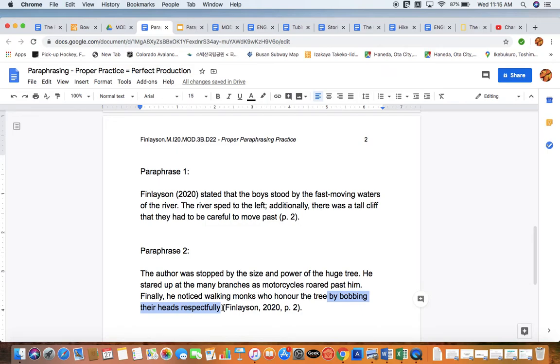Well, that might be okay in Professor A's class, but in Professor B's class, they might be stricter, and they might just say, boom, you're going to lose 5% of your mark because you're plagiarizing right there. That's not paraphrased enough. So that's why I kind of go over to the extreme, to really try to get my own phrasing but capture the same core idea. And that is the heart of what paraphrasing is.